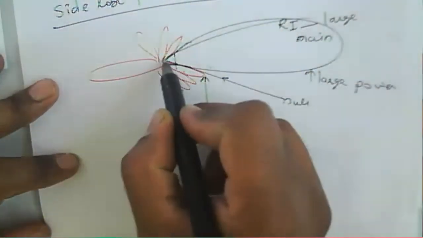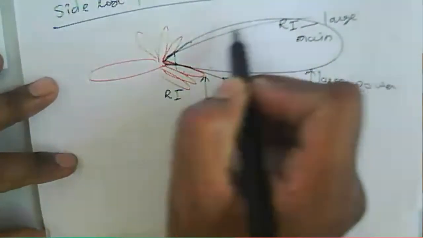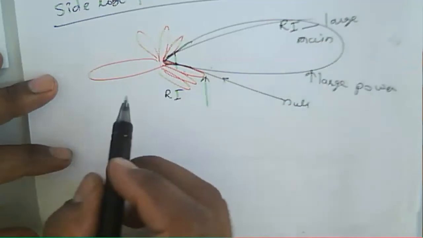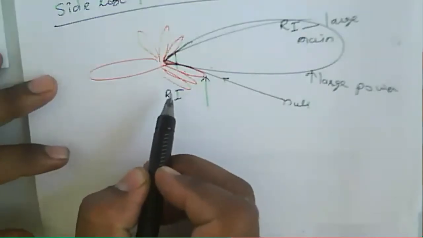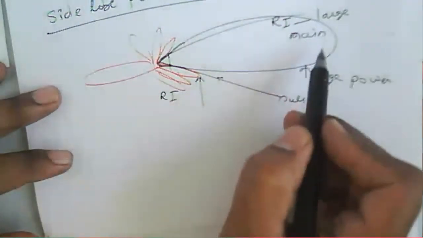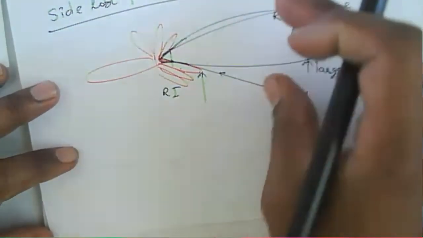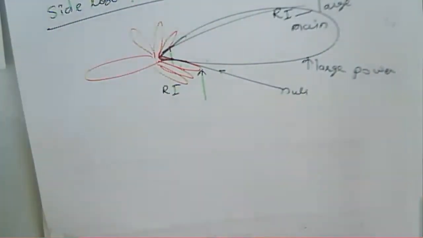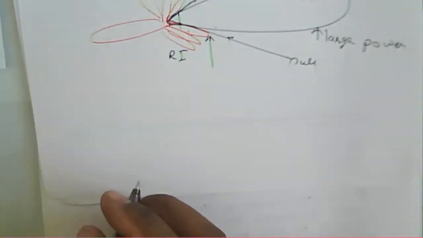This is the desired direction signal, and the side lobes are just like a loss, or a splitting of the main beam into various side lobes. That is side lobe performance.